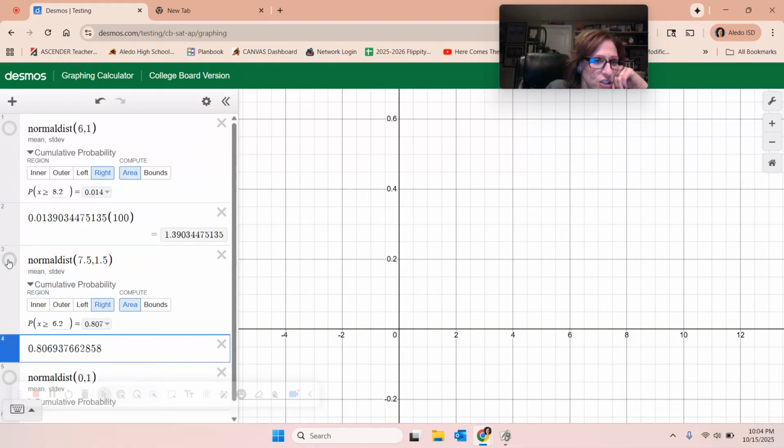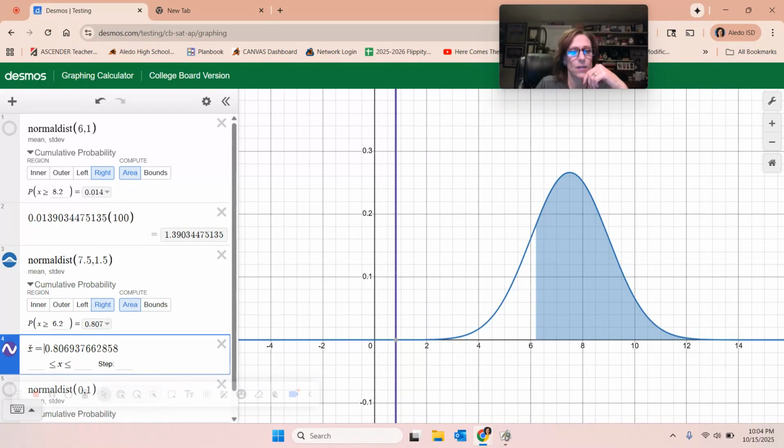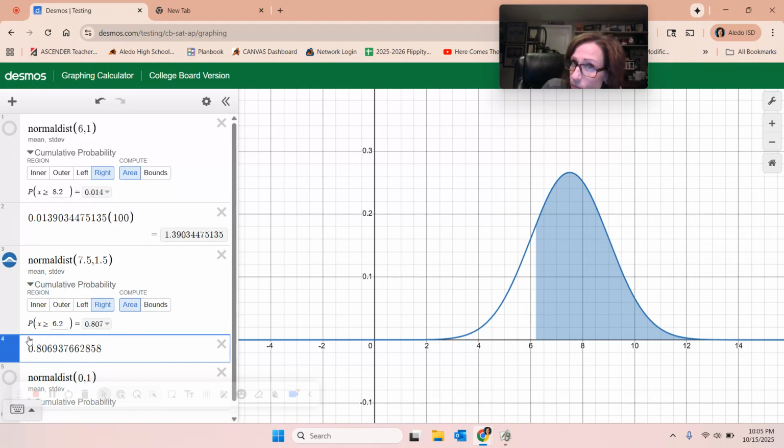I'm also going to show you a picture of this. Look here. If I typed in this little x equals right here, that's not right. That's because that's a percent. I'd need to get the z-score. Okay, we're going to save that for tomorrow's lesson.